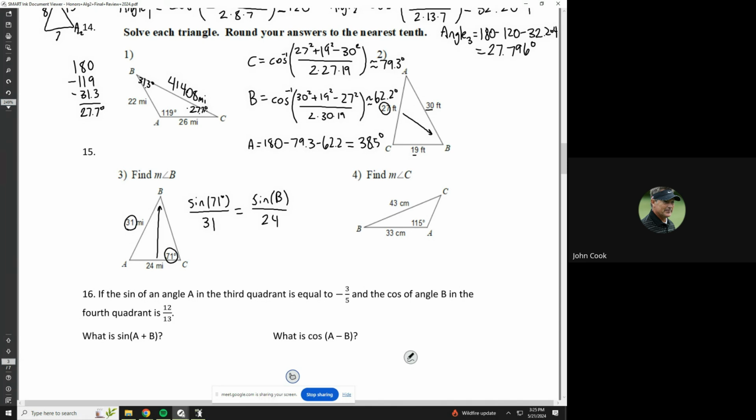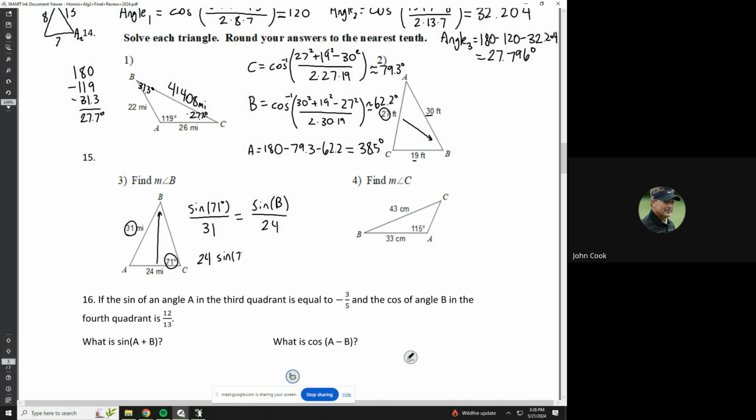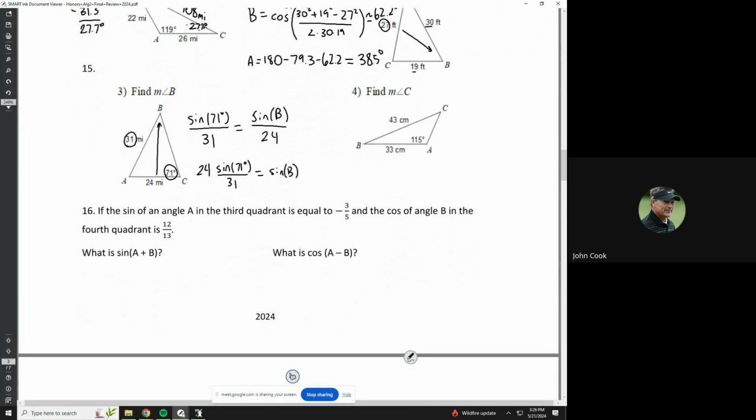So to get B out by itself, what I do is I multiply both sides by 24 first. And then to get the B all by itself, I'd undo the sine part, which is sine inverse. So what I need to do is use my calculator and find sine inverse of 24 times the sine of 71 over 31.